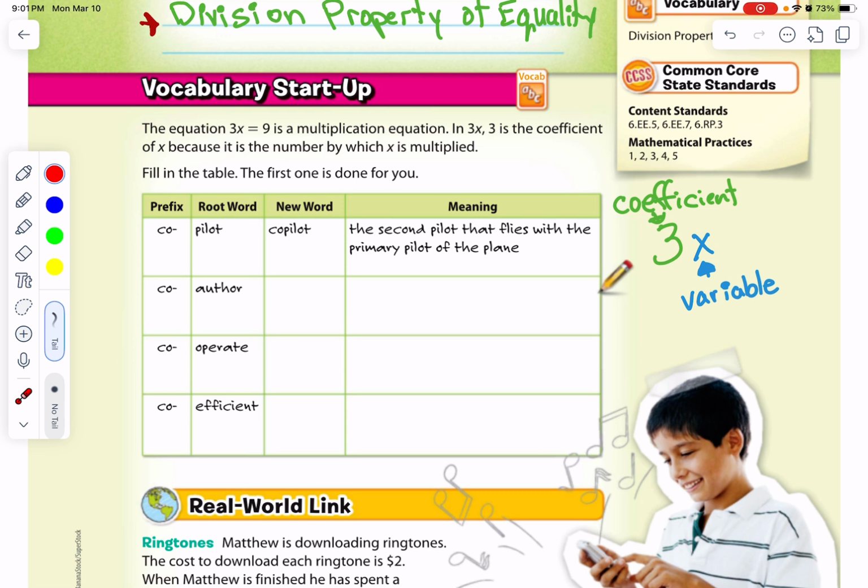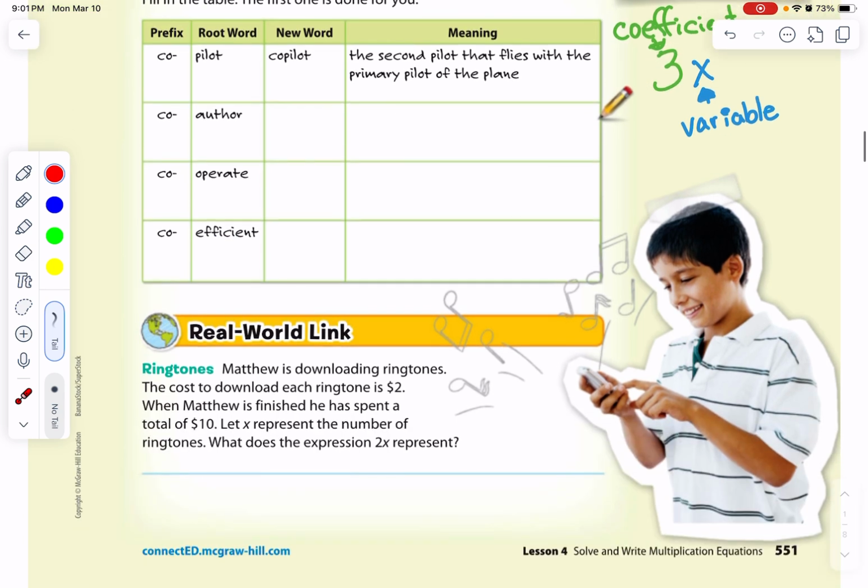And a co-author is the person who is working with someone else to write a book. Cooperate, we need to cooperate when we work in a group, okay? And this coefficient is going to work with the variable to get the job done, okay?